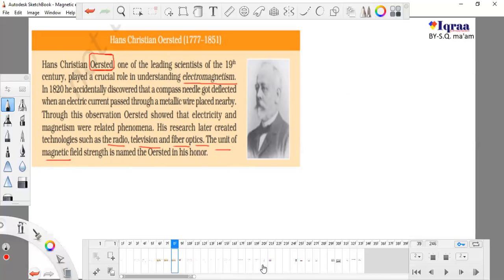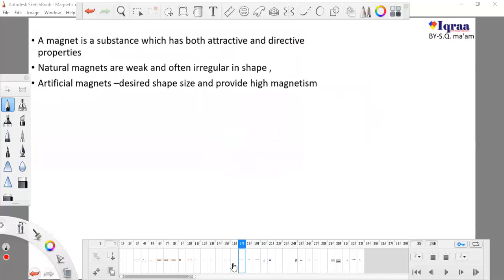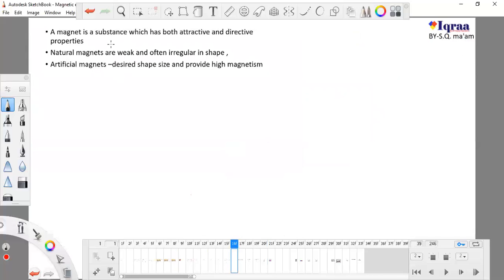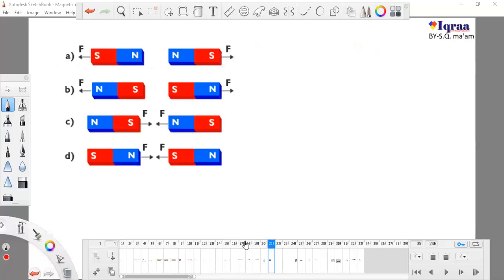Now I'm going to tell you about some more things. So what is a magnet? First of all, a magnet can attract iron, everyone knows. Now a magnet has two properties. When two magnets are in close contact, they can attract each other.